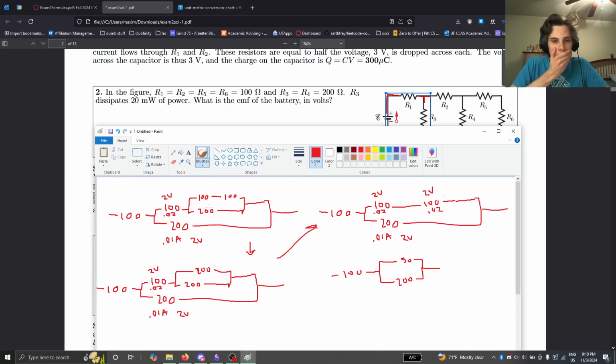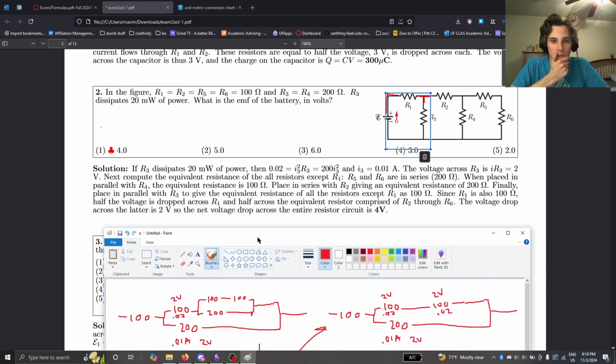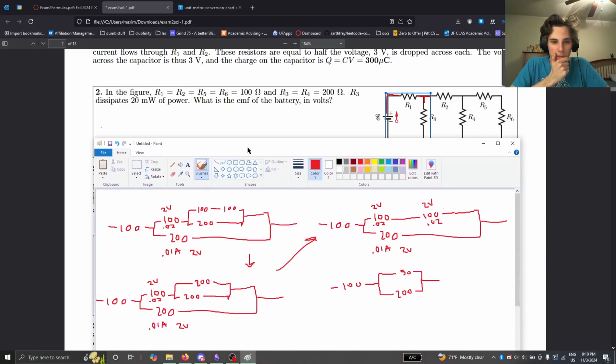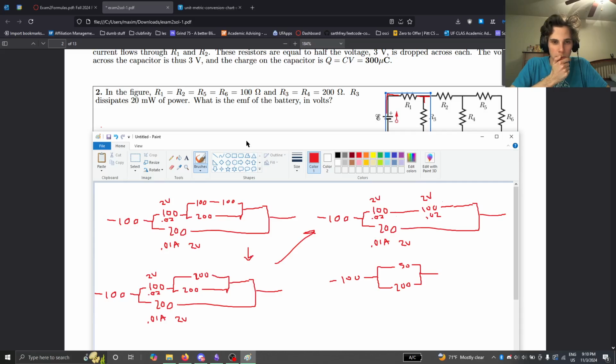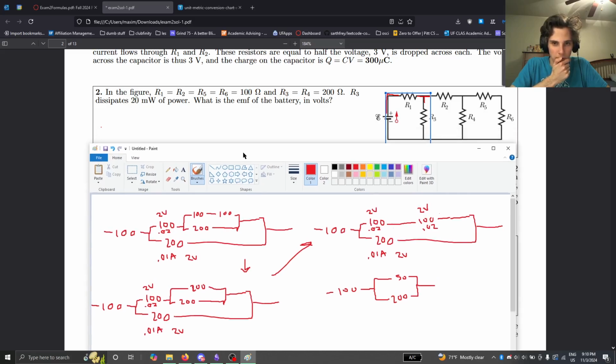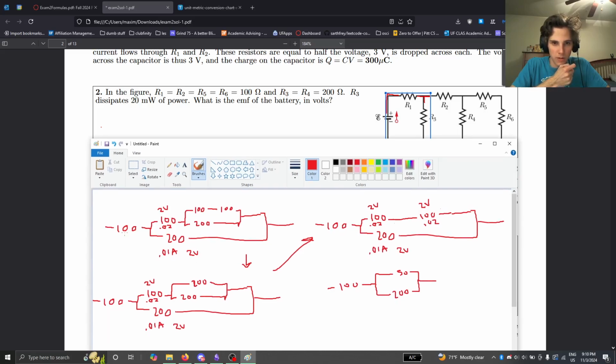Where did I? This adds to 200. I could have just put the wrong thing somewhere. Even if I'm doing this wrong, I assume you can see how to do it. Maybe there's someone screaming at the screen somewhere. Double check. 100 goes to R3 here, and R2.